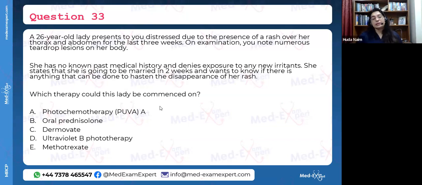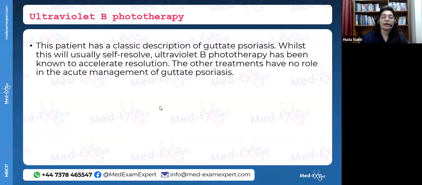So you have a 26-year-old lady and she has a rash over her thorax and abdomen, and there are numerous teardrop lesions. So what is the underlying pathology? Very good. It's guttate psoriasis. So what is the treatment? The treatment would be ultraviolet B phototherapy. Very good.